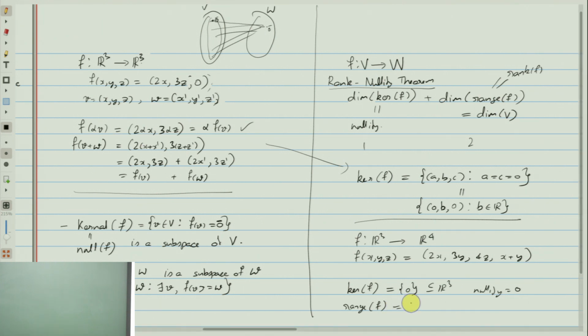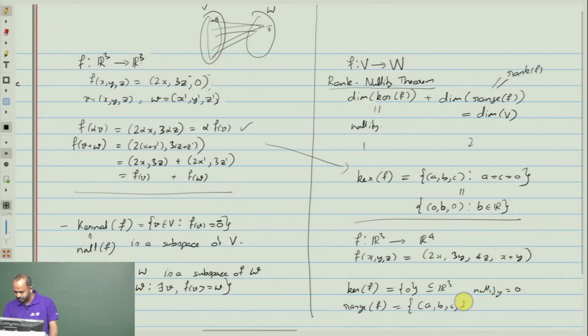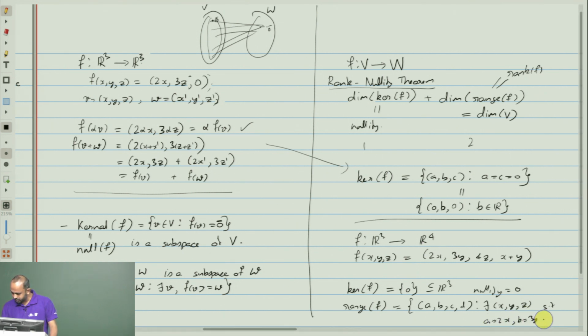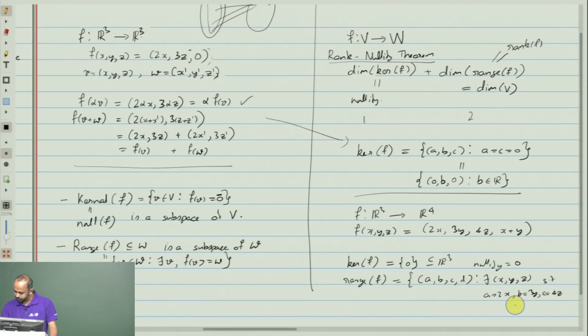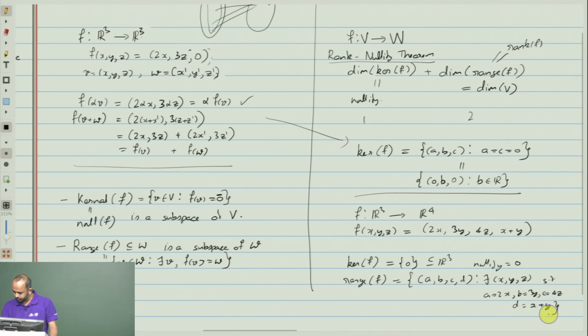The range is the set of all vectors a, b, c, d such that there exist x, y, z such that a equals 2x, b equals 3y, c equals 4z, and d equals x plus y. I am just going by definitions. Now, what is the dimension of the range of f?